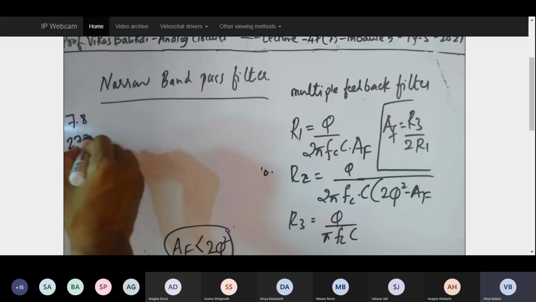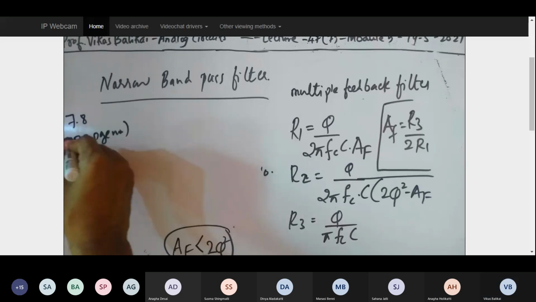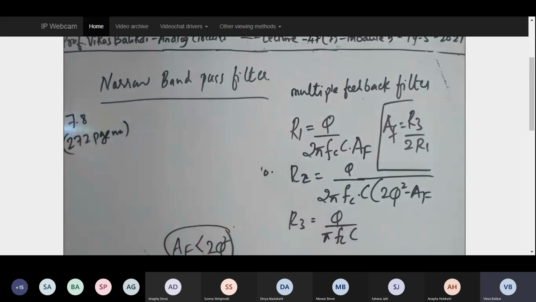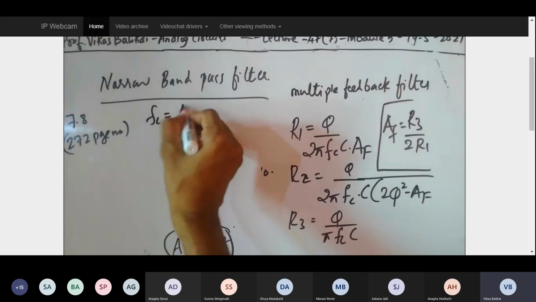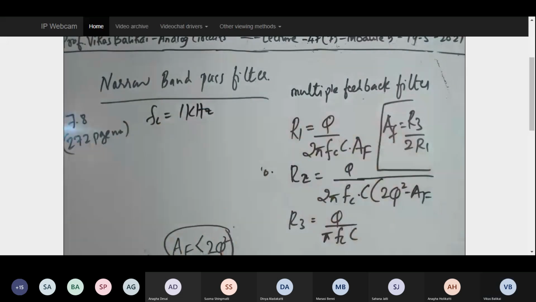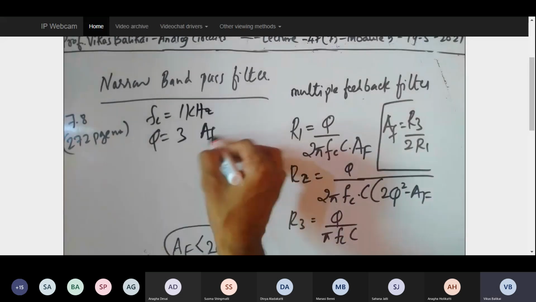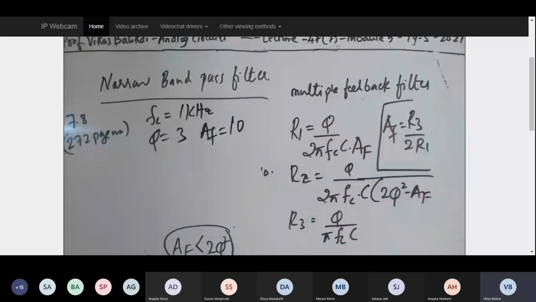It says, design the band pass filter as shown in the figure, which I just rubbed out, so that FC equal to 1 kilohertz, Q is equal to 3 and AF equal to 10. These parameters are given as part of the first design.